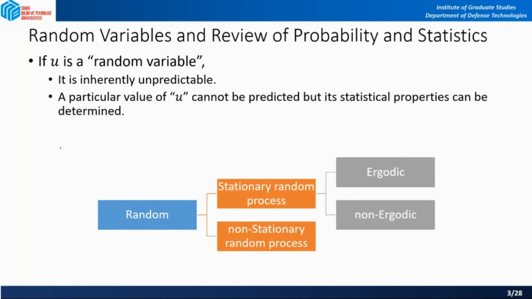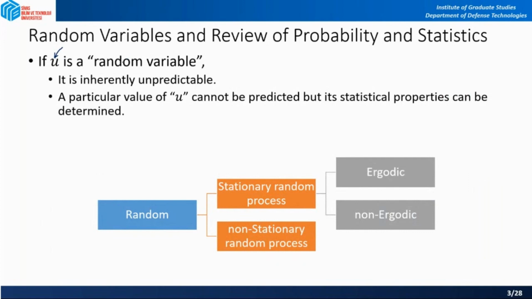So in a perfect statistical sense, when we say u, this u, which is our velocity field, for example, when we say u is a random variable, it is inherently unpredictable, okay?